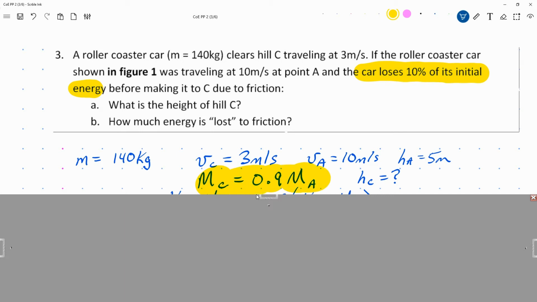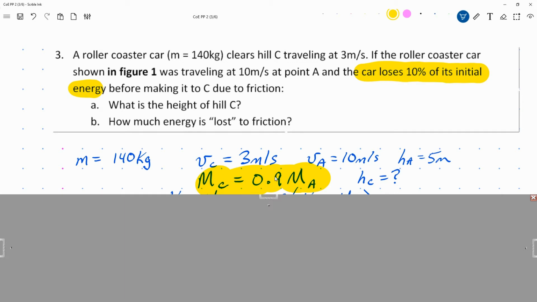That equation is the mathematical representation of this sentence. So the mechanical energy at point C is equal to 0.9 times the mechanical energy at A.